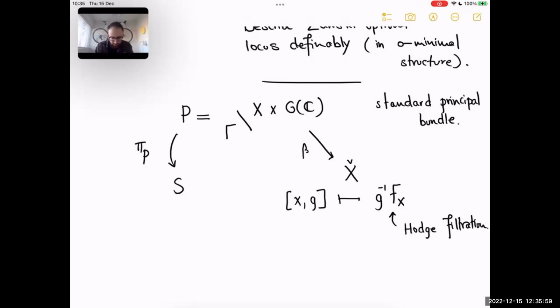And we've replaced it with completely algebraic objects and two algebraic maps, one of which goes to a space very much like X. So rather than X covering S, there's a sort of universal guide P that relates the two in an algebraic way. And importantly for this talk, this standard principal bundle has a canonical foliation on it.